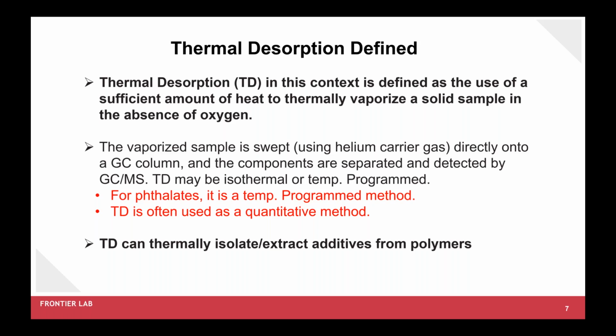As a result, reproducibility and accuracy can become challenging. On the other hand, thermal desorption uses sufficient heat to thermally vaporize a sample without oxygen and thermally extract or isolate the additives, in our case the phthalates, from the polymers and heavier portions of the sample.